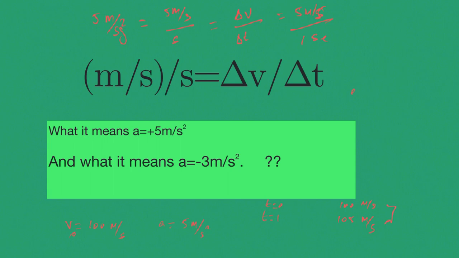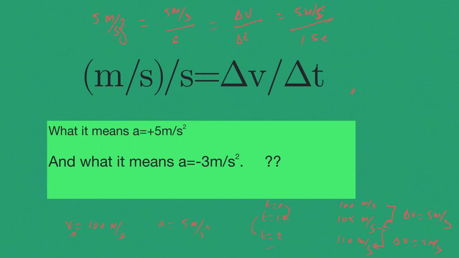In t equal 2, your new velocity will be 110 meters per second. So acceleration 5 meters per second squared means that you increase your velocity by 5 meters per second in every second.